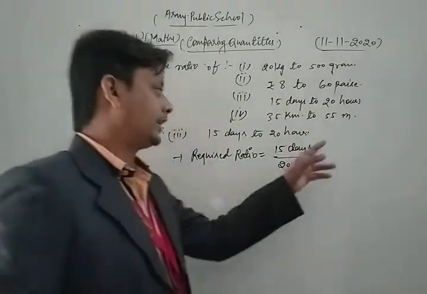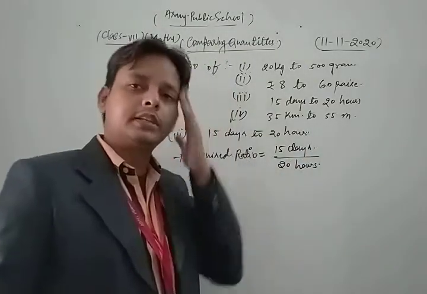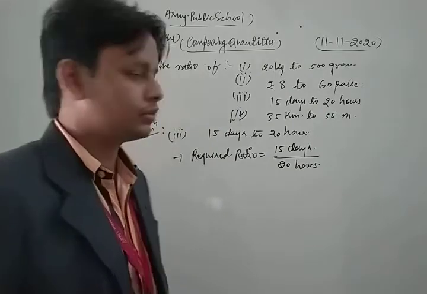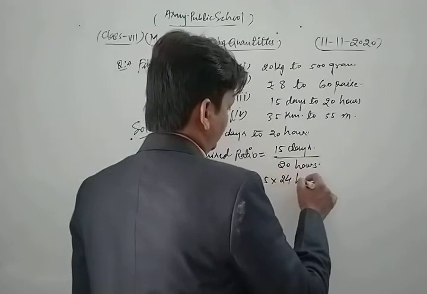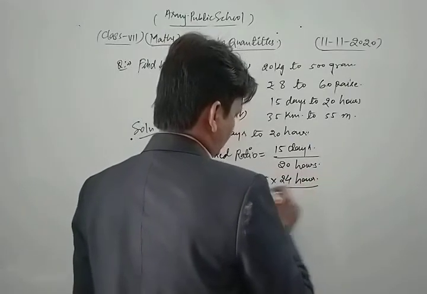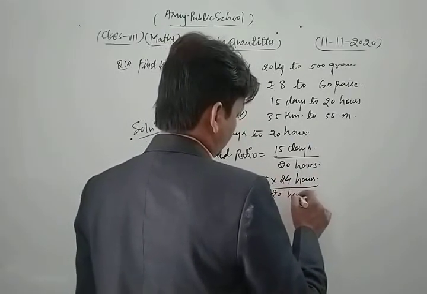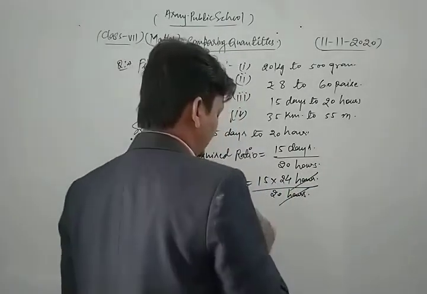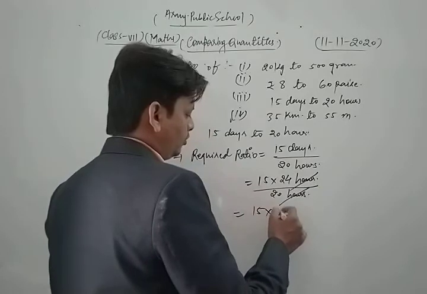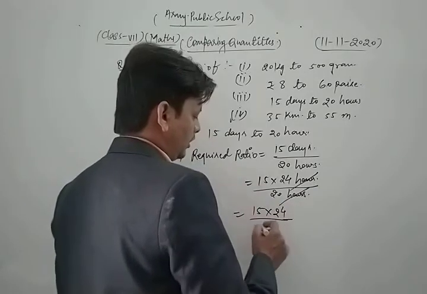First of all, we convert days into hours, and you know there are 24 hours in one day. So here we write 15 into 24 hours upon 20 hours. Hours cancel each other, so we get 15 into 24 upon 20.